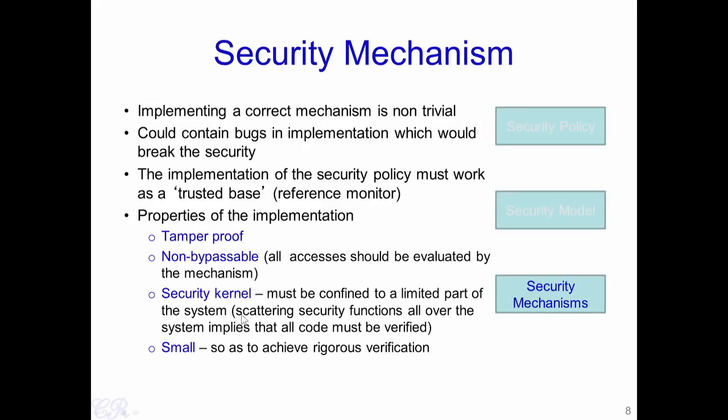Having a security kernel where everything is confined to a small part of the entire system would make it easy to test, debug and verify in terms of security. Again, it should also be small. A small size for the security mechanism will ensure that it can undergo rigorous verification.